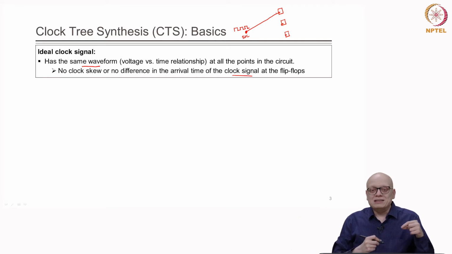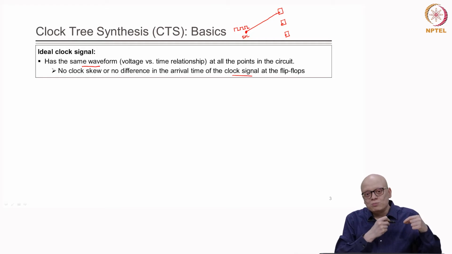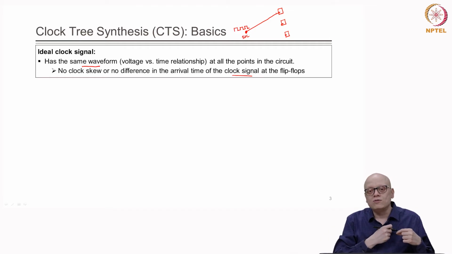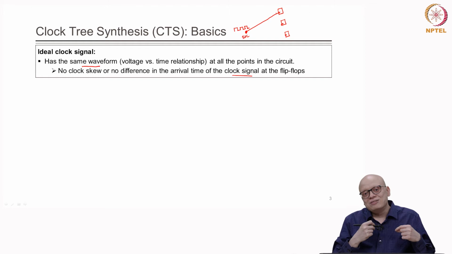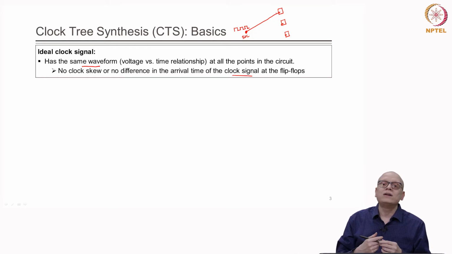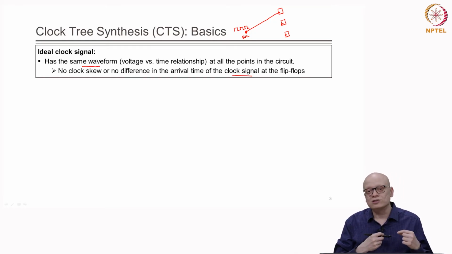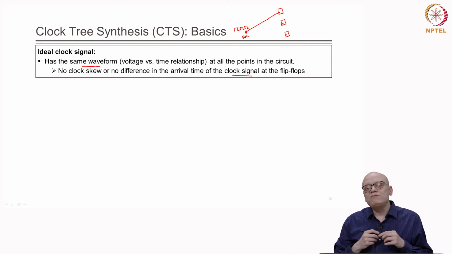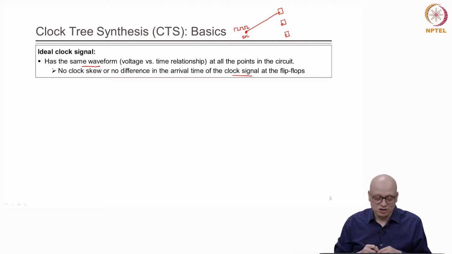As the clock signal goes from one point to the other, or propagates through the network of various components in the clock network, it will encounter delays, and these delays can be different for different clock pins. For some clock pins the clock signal can reach very quickly, for others it may take more time because the distance between the clock source and that pin is more, and so on. Therefore, in physical design we have non-idealities because of the delays in the clock path.